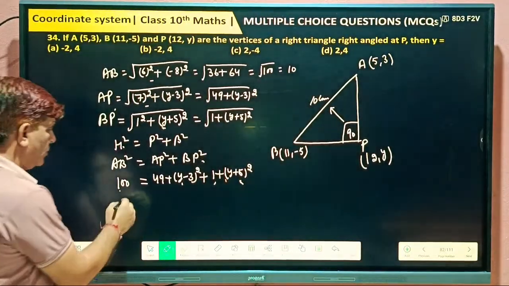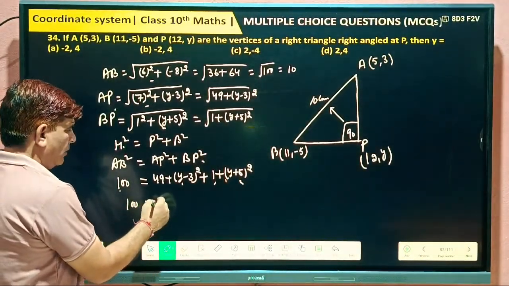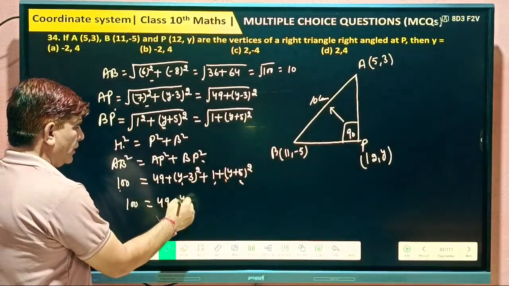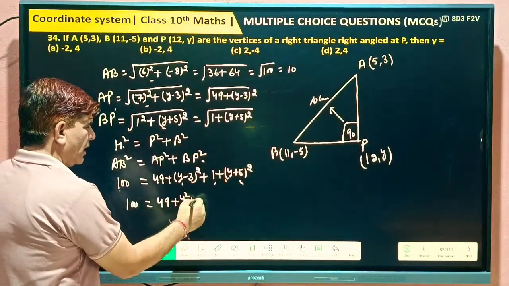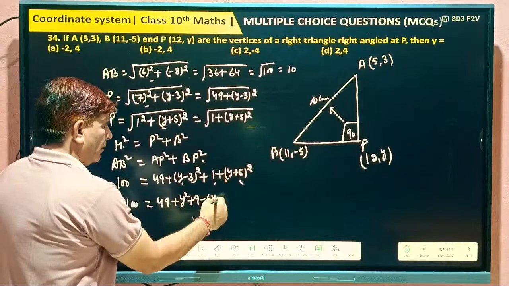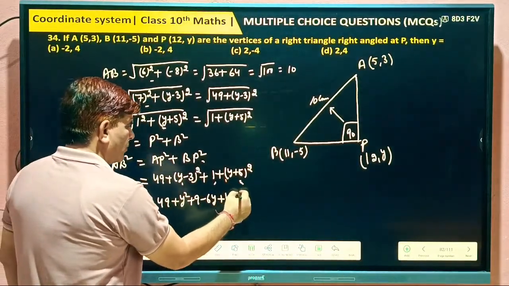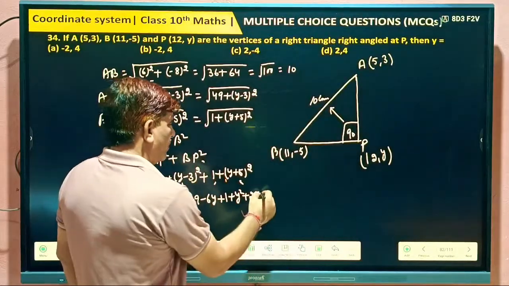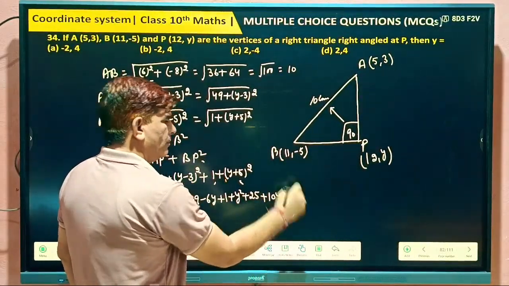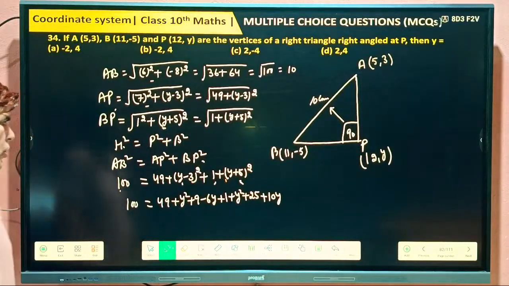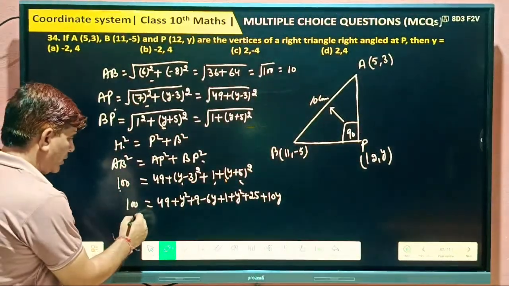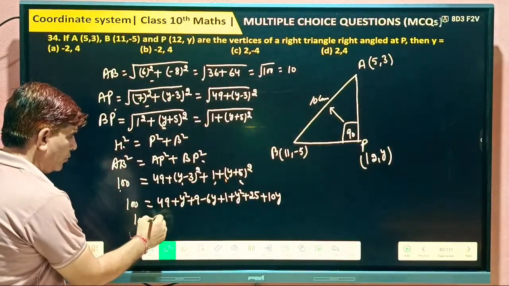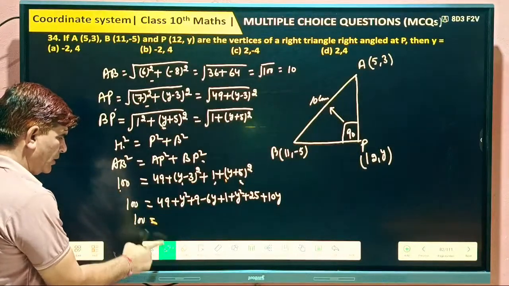Yes or no? So it becomes 100 equals 49 plus y squared plus 9 minus 6y plus 1 plus y squared plus 25 plus 10y.